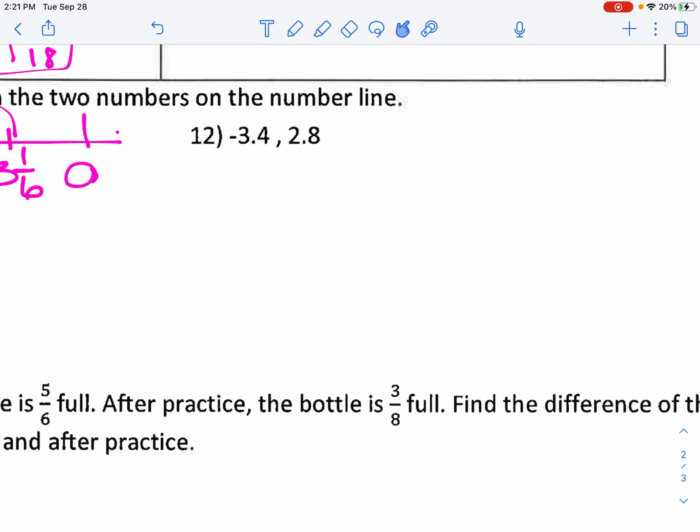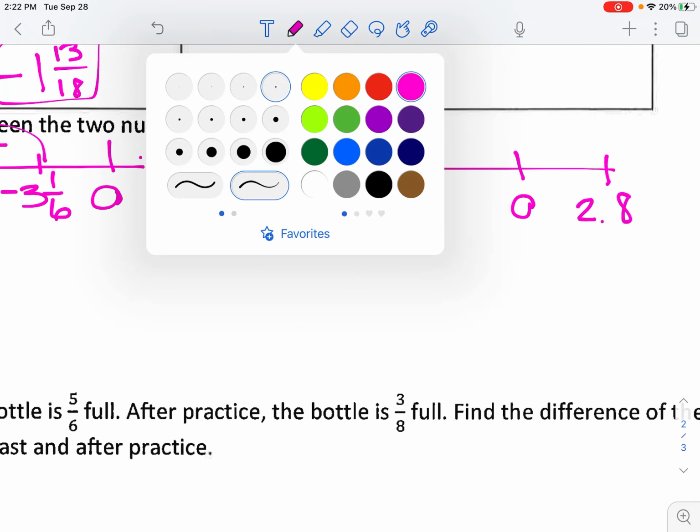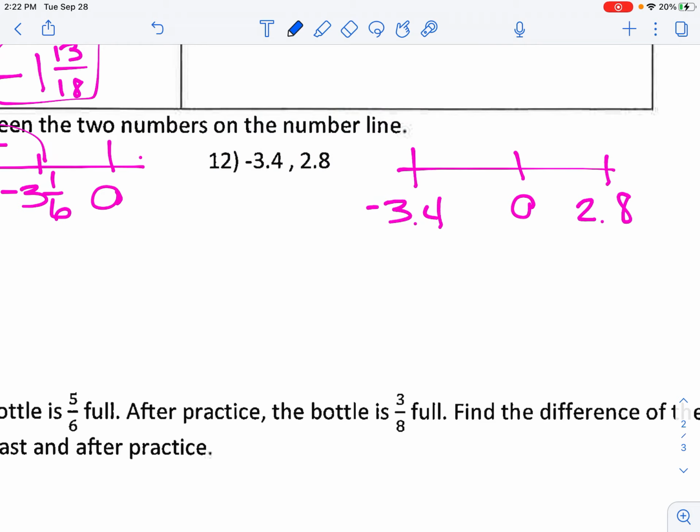Find the distance between -3 and 4/10 and 2 and 8/10. So now if I'm going to go from here to here and go from here to here, I'm going to add those two distances together.